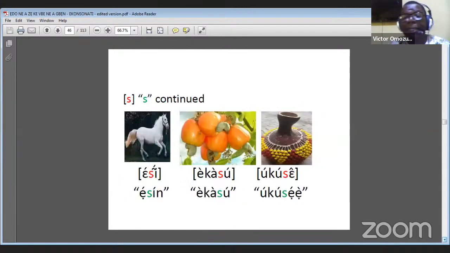That's cricket, as you can see from the picture. Over there, Esi. Over there, Esuwusuwu. Sorry, Ekasu. Ekasu. As you see the picture there. And then Ukuse. Ukuse. As you can see in the picture.